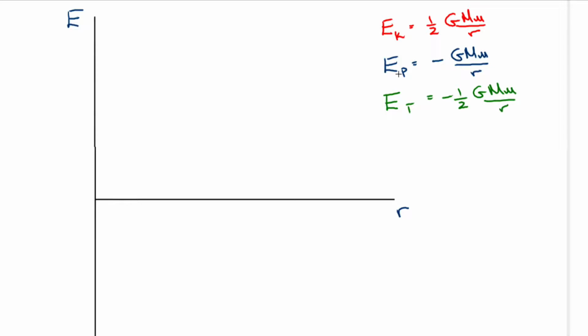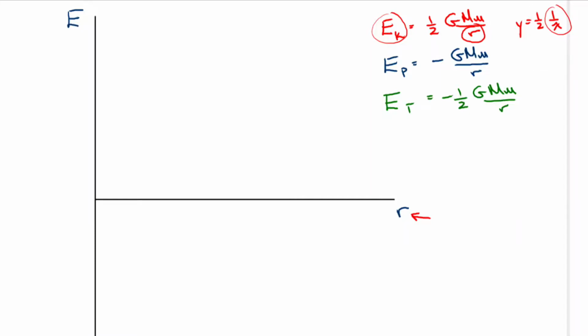So let's ignore the G, M, and the m here, and notice that this is a y equals 1/2 1 over x graph. If I graph this on my x-axis and y-axis, then I have a y equals 1/2 1 over x type graph. In other words, a reciprocal graph that has a vertical stretch of 1/2.